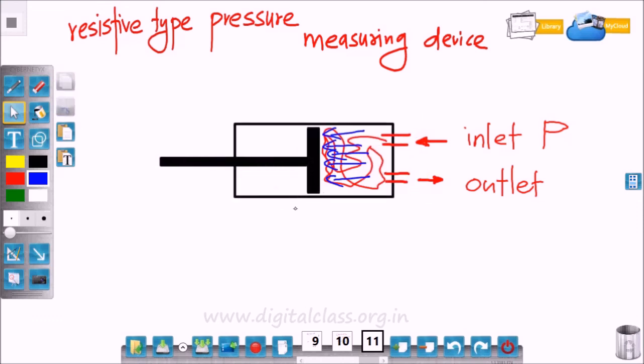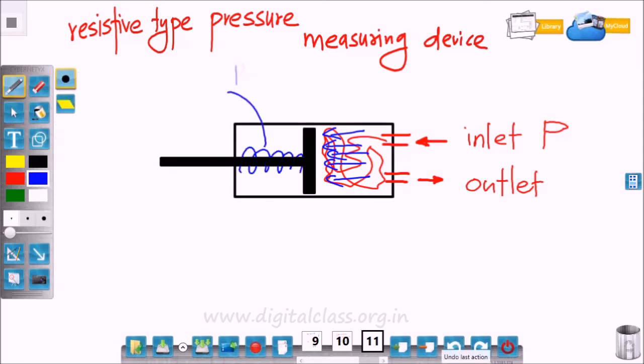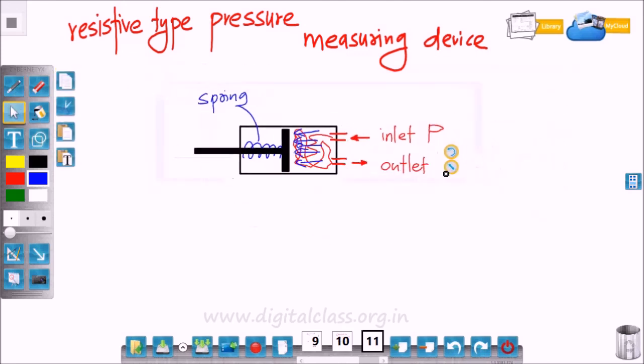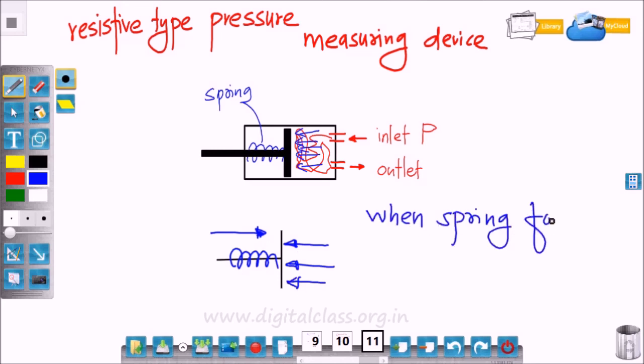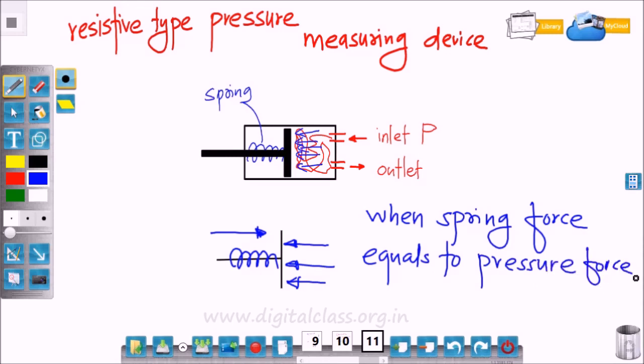On the other side of the piston, if you provide a spring, what will happen? As the piston moves, the spring will get compressed. Due to the pressure rise, the piston moves and the spring gets compressed, and it will stop compressing the spring when the spring force becomes equal to the pressure force. At this point, the movement will stop.